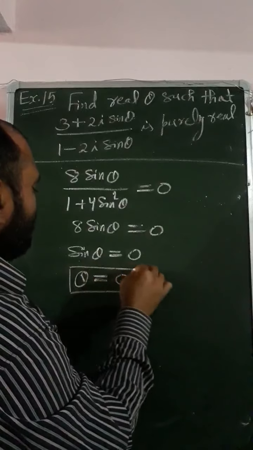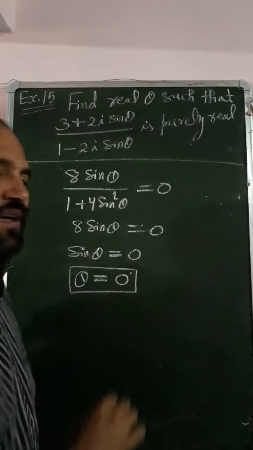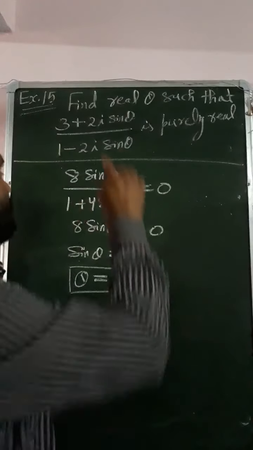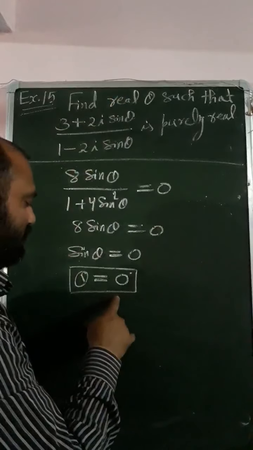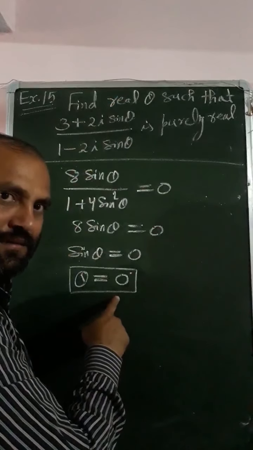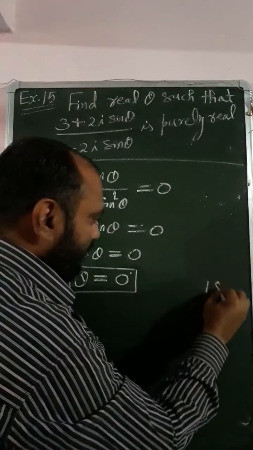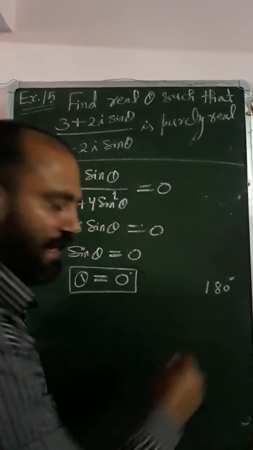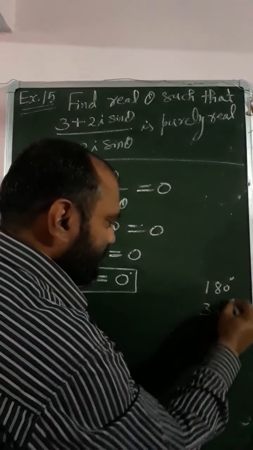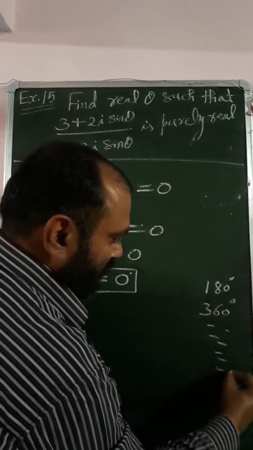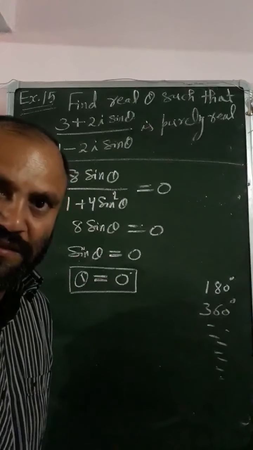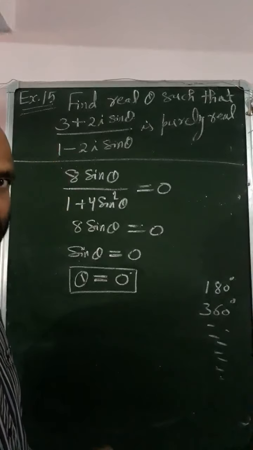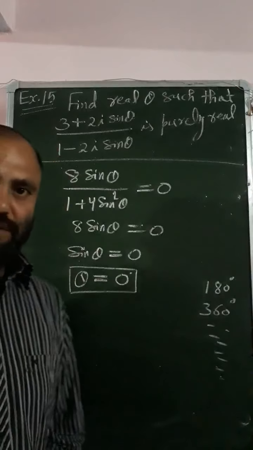So you can simply write 0 degree is the right answer, because 0 is the real number and 0 is the answer. Its answer may be 180 degree, its answer may be 360 degree, and so on. These are also the answers, right? So I hope this is understood.